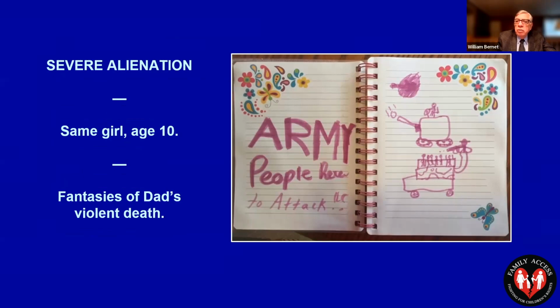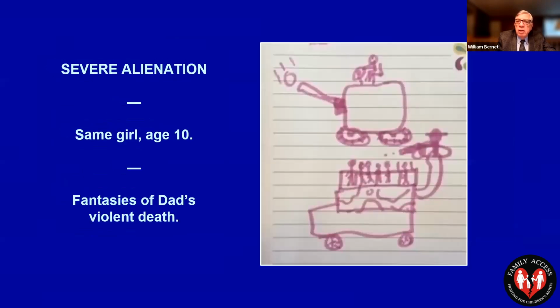And then I'll give you a close-up of the military vehicle, the tank. She said that the dad gets shot by a tank, and here's the tank shooting and, I guess presumably, killing the dad. And so this child is, as I said, going to a lot of trouble to convey this extreme violent fantasy, which is very sad.